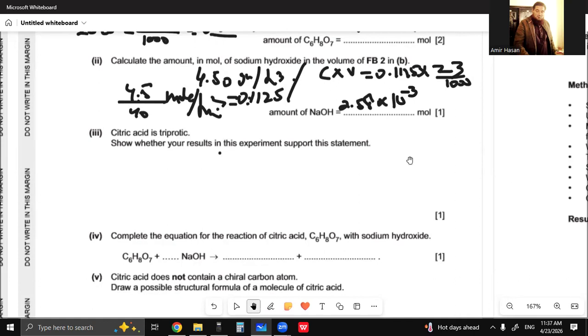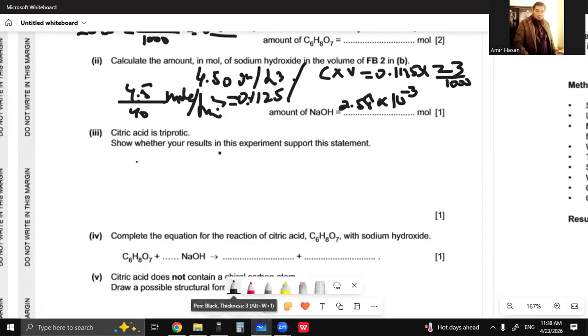When we come towards a triprotic acid, it means the concentration of hydrogen ion is higher. When we divide the hydrogen ions in citric acid, three hydrogen ions are released. Now I am telling you how the three hydrogen ions are released.